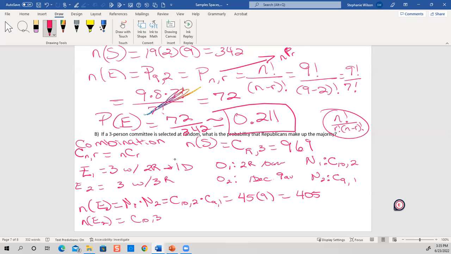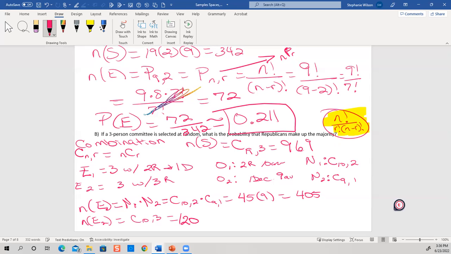Oh, that is our total Republicans in our 3-person committee. So we're going to do it the same way. We're going to use this formula. So I got 10 factorial over 3 factorial times 10 minus 3 factorial. That gives me 120.